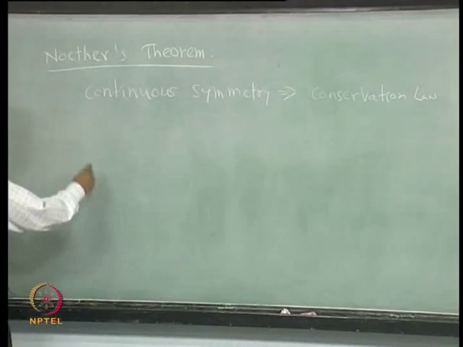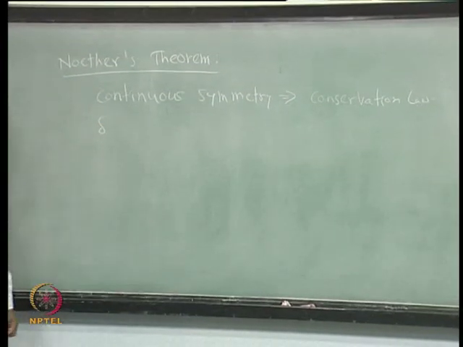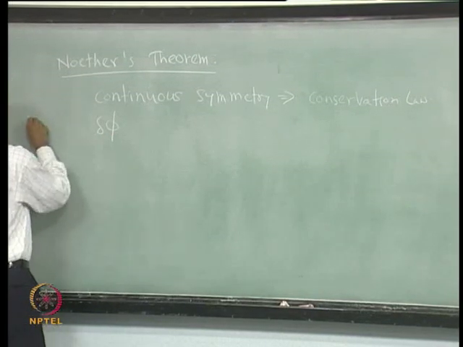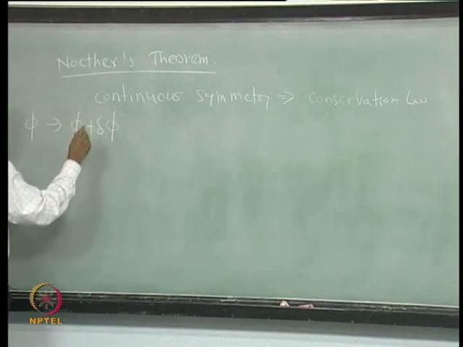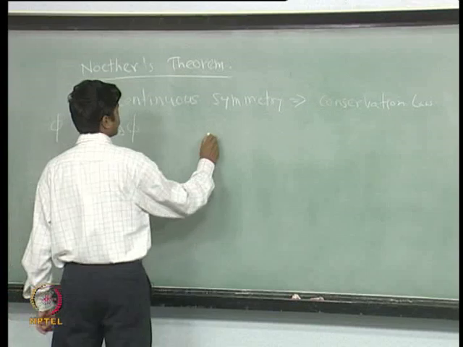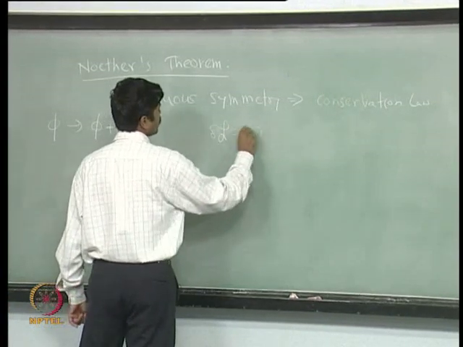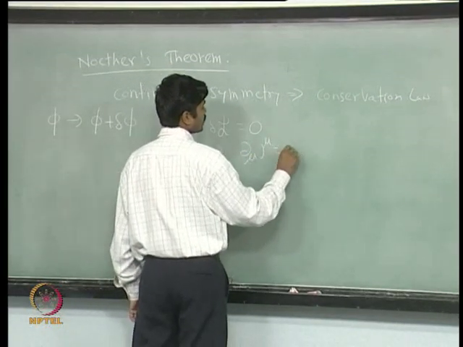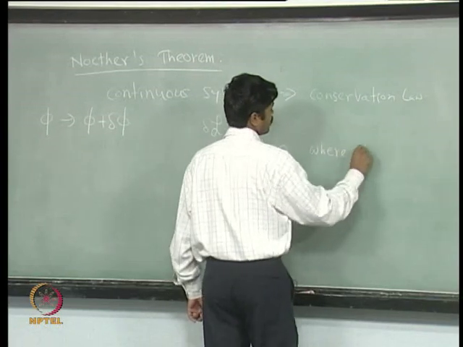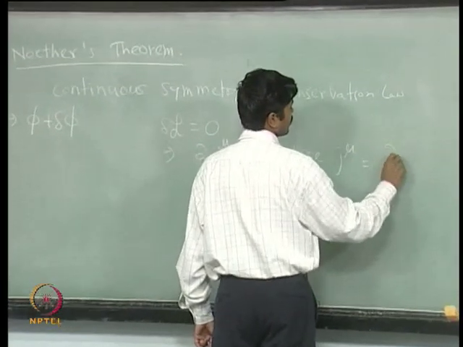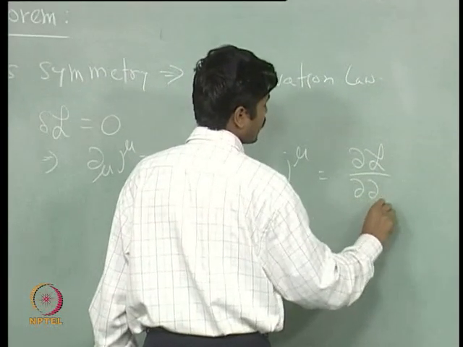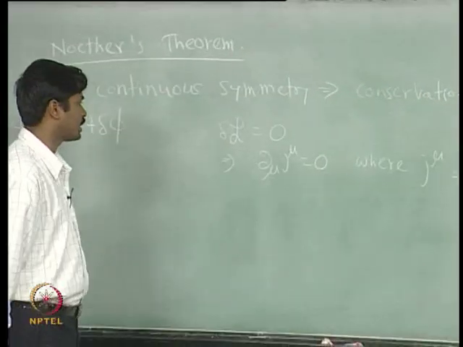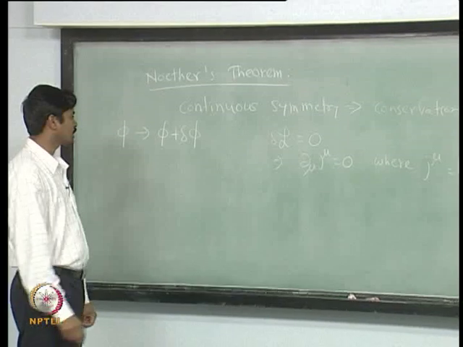As an example, we saw that if the theory is invariant under a global symmetry, so phi goes to phi plus delta phi, then delta L is equal to 0, and this implies del mu j mu equal to 0, where j mu is del L over del mu phi delta phi. This is what we have seen in the last lecture.